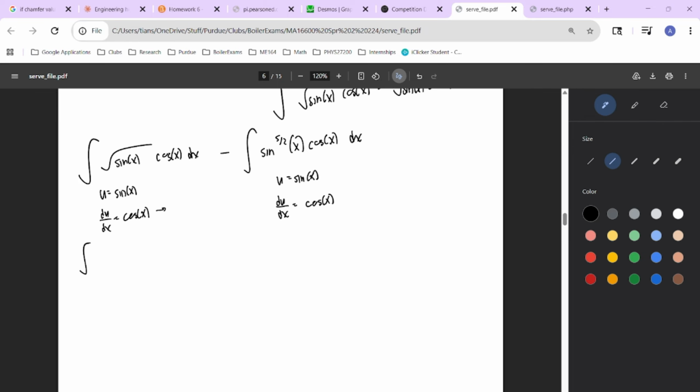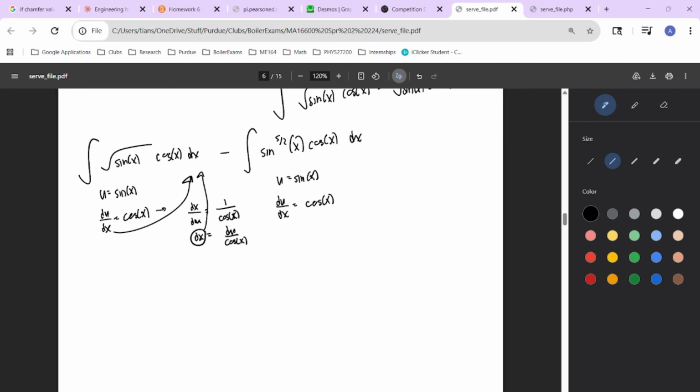Now we need to sub dx back in here for whatever it is equal to. In this case, it would become dx over du is equal to 1 over cosine of x, and dx would be equal to du over cosine of x. Now we have dx alone in the numerator, which means we can sub it directly back in.